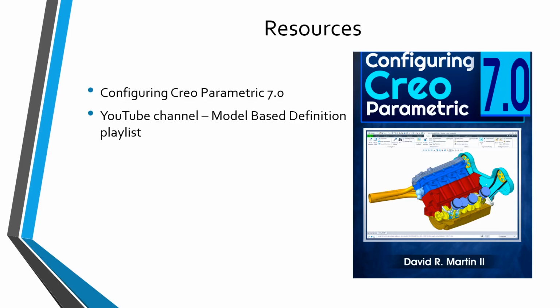I have a YouTube channel, which you might be aware of if you're watching this video right now, and I have an entire playlist on using model-based definition in Creo Parametric. As I mentioned on the previous slide, there is a training class in Precision LMS, and it is a great class. It is phenomenal. It'll teach you everything that you need to know for getting started with MBD to generating a technical data package. Also, you can get consulting. I provide consulting through TriStar, which is a value-added reseller.